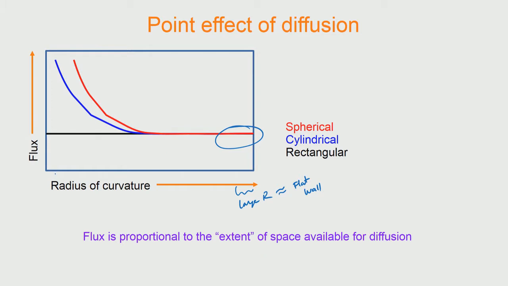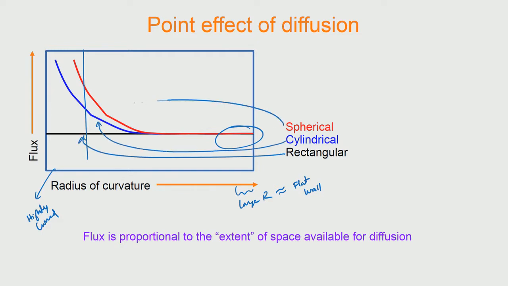But when you look at highly curved walls, which means at low radius of curvature, then you see that the three fluxes are different. The rectangular case will be flat here, the cylindrical one will be here, and then the spherical one will be here. So, the three values are going to be different, and the spherical one will have a higher flux.